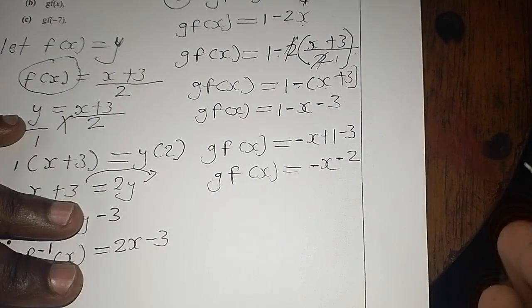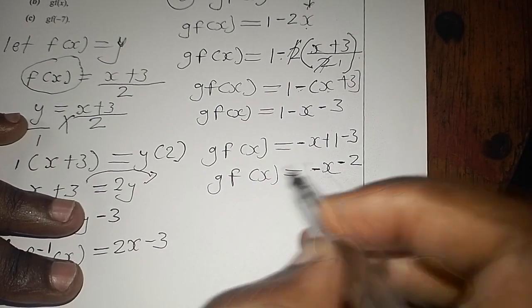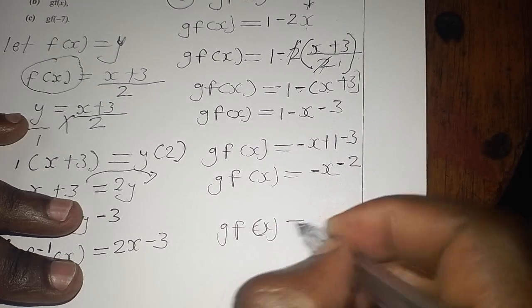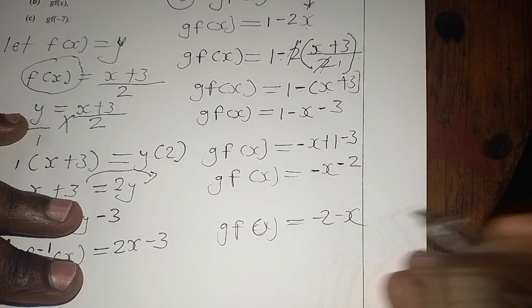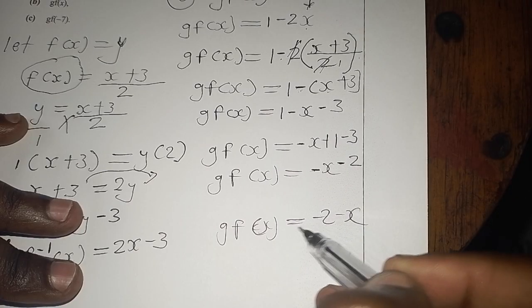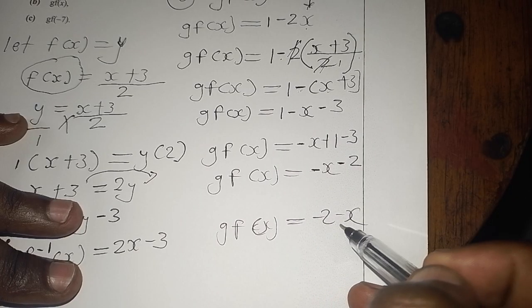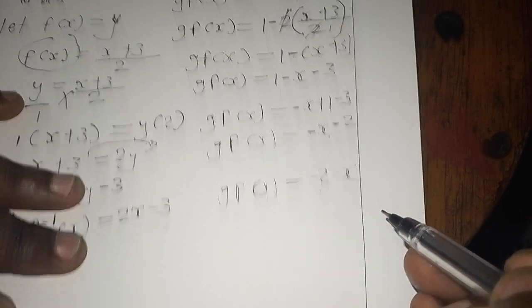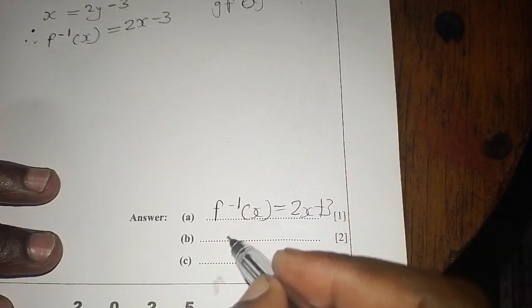Okay? So sometimes you may find maybe you're studying with your friend. This is done, or your friend can put it like this: g f of x equals to negative 2 minus x is one and the same. This is a commutative law. The one who has found this answer and this are the same. So we put here our answer.